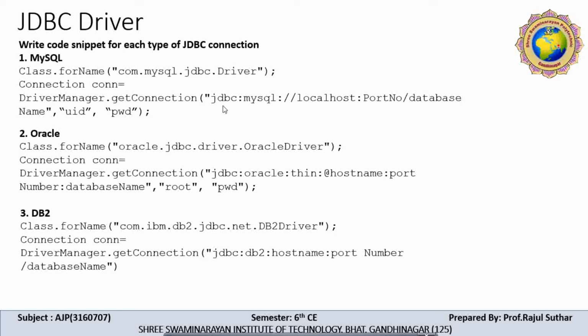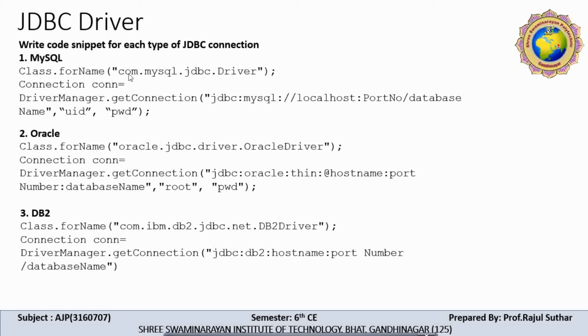So in double quotation we require jdbc:mysql://localhost, then colon port number slash database name. We require user ID and password. So UID comma double quotation password and bracket over, semicolon. So this is the snippet code while we are using the SQL connection driver by using MySQL.